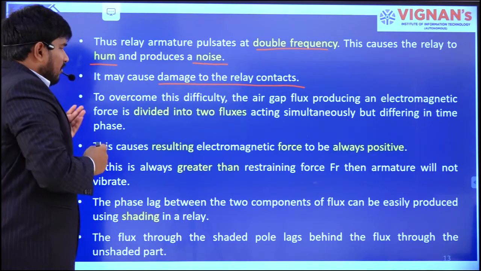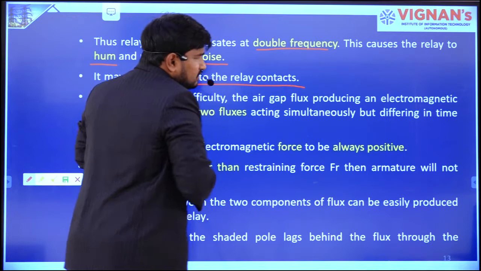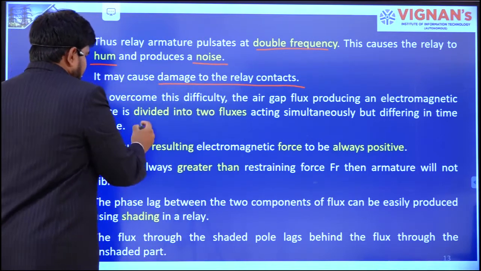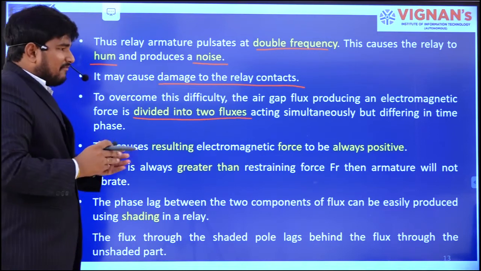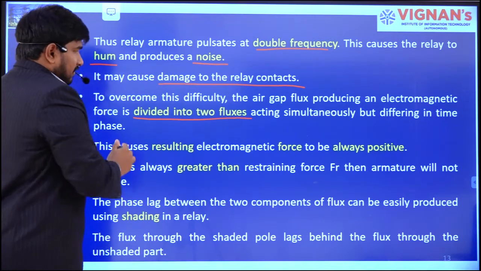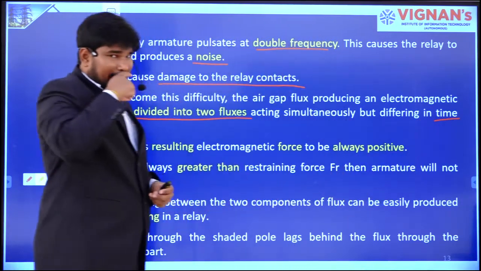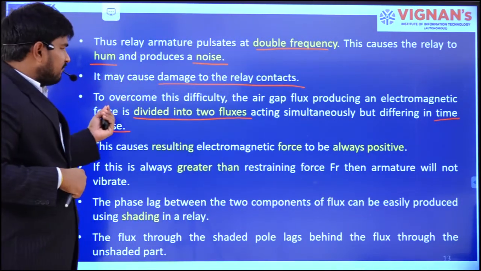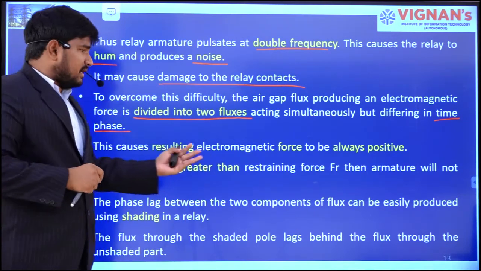To overcome this difficulty, the air gap flux produced by the electromagnetic quantity is divided into two fluxes with some phase delay. So I have shown that by having some phase delay, we divide it into two fluxes.